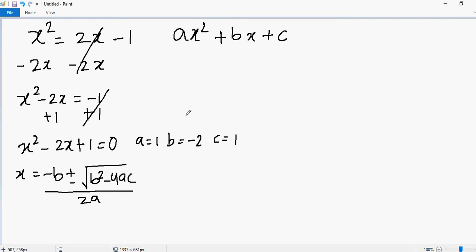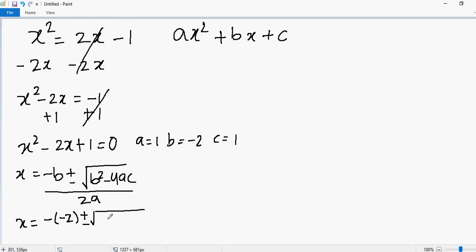Now let's plug in the values of a, b, and c, and this is the quadratic formula. So we have x is equal to negative b, so we'll write negative sign, and then we have b. So b is negative 2, so we have to write this in parentheses since we have two signs together. I don't want to confuse you. Then we have plus and minus square root b squared.